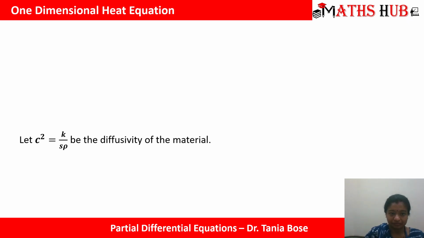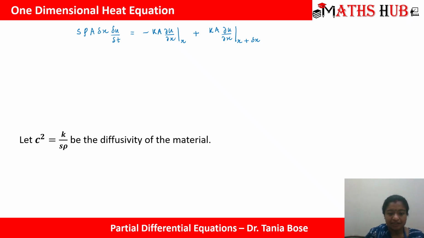We get S rho A delta X delta U by delta T is equal to minus R1 was minus KA del U by del X at the point X minus, so the second time the sign will change, you will get del U by del X at the point X plus delta X, right?